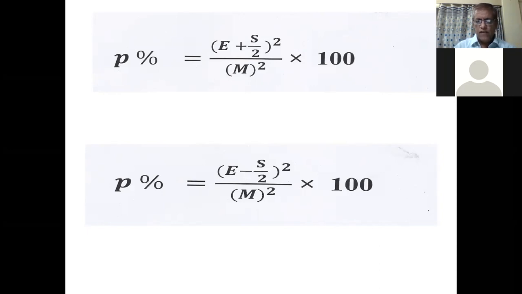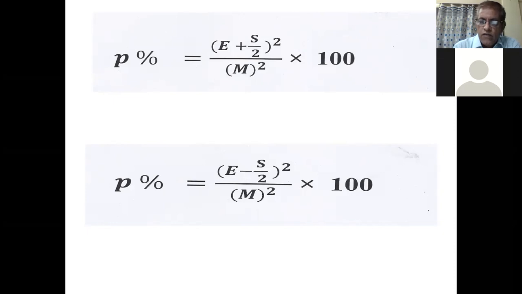If we follow concurrent feed, noil percentage will be proportional to (E minus S) by 2. It means for the same cotton, same machine, same settings, we will have different noil percentage in counter feed and in concurrent feed. We can further conclude that noil percentage will be more in counter feed.